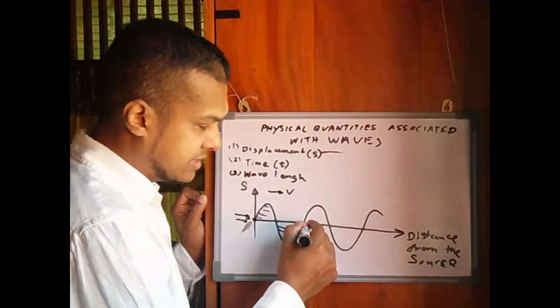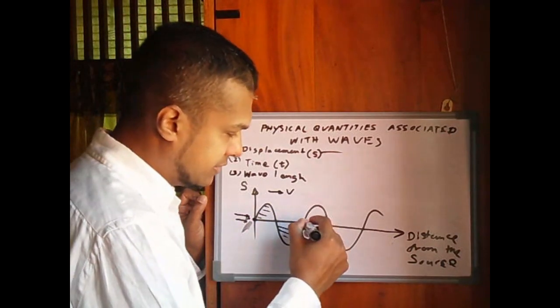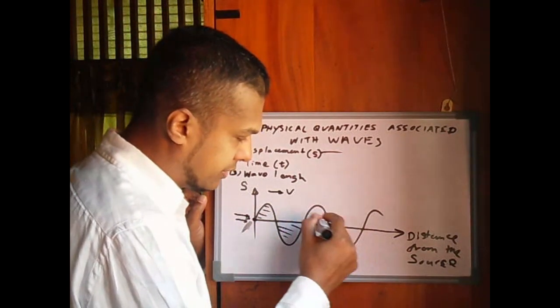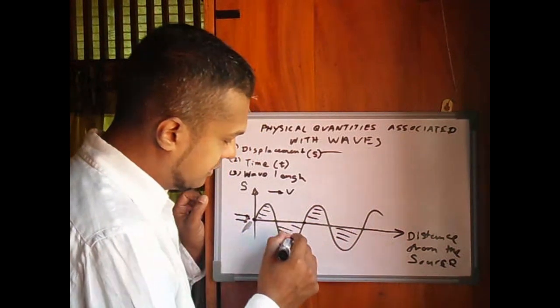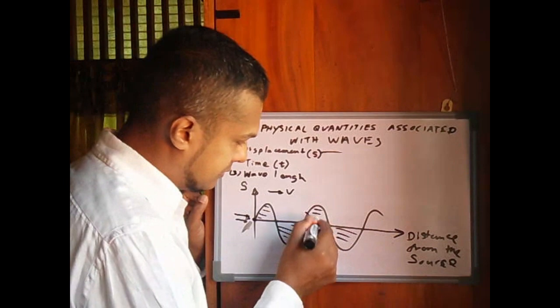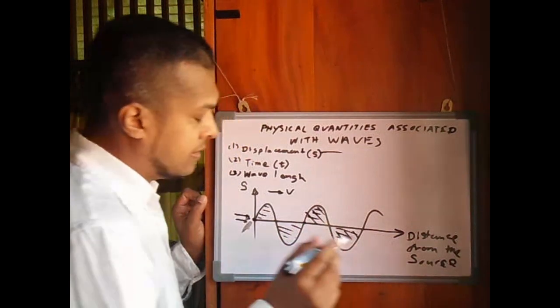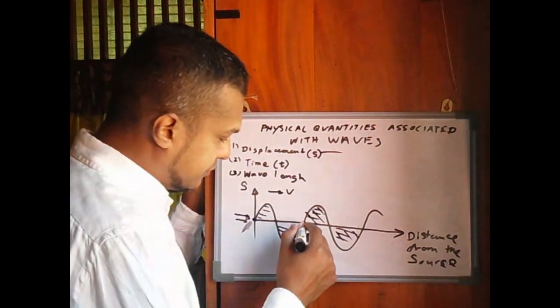Then it starts again with the same motion and keeps going on. This is one cycle, another cycle, and another cycle.